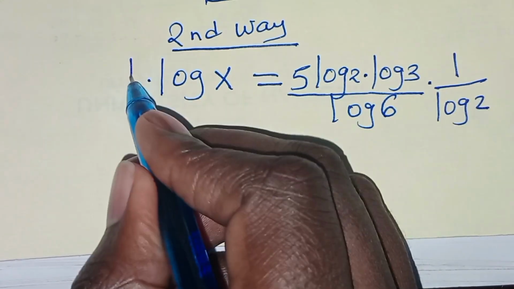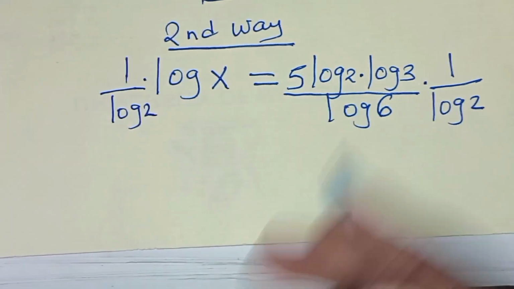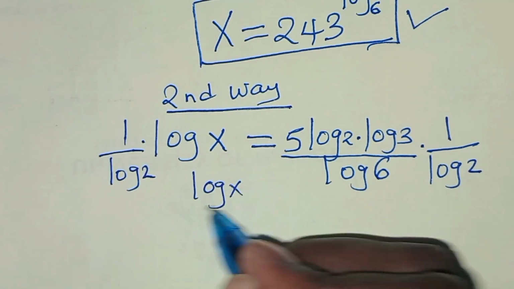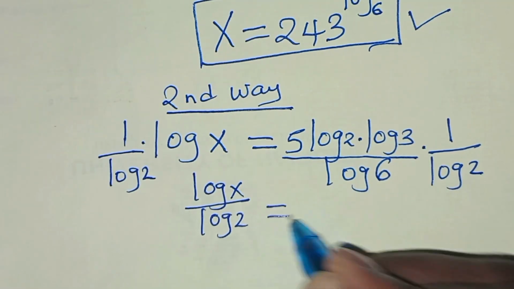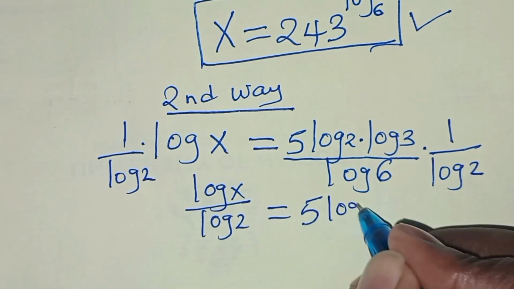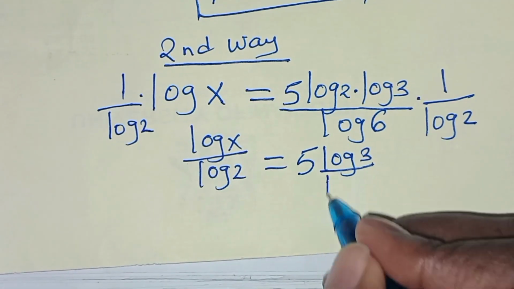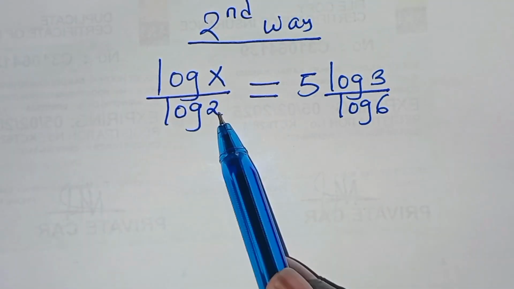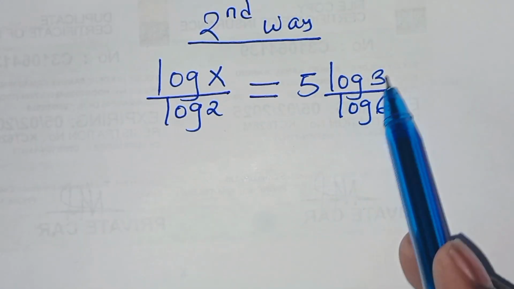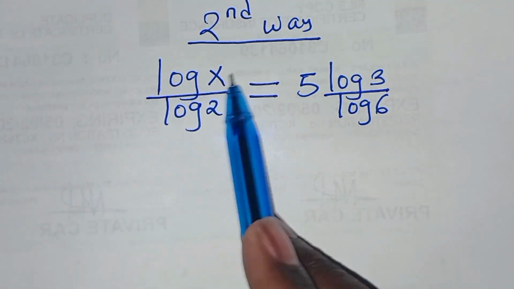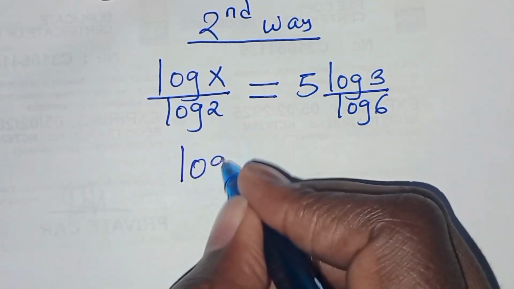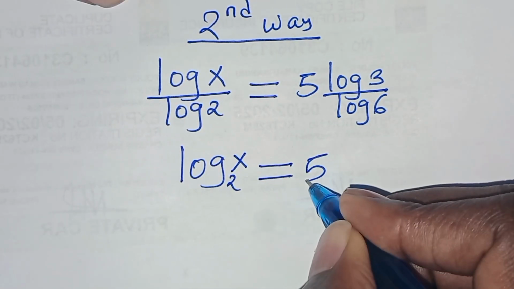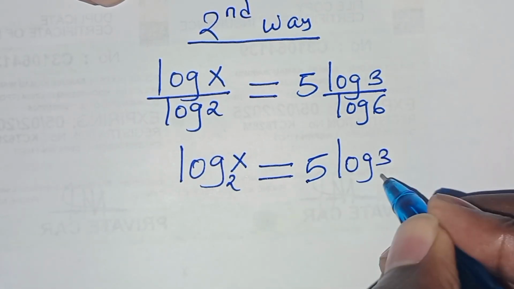Essentially, we have log x over log 2 equal to 5 log 3 divided by log 6. So log x over log 2 is the same thing as log x to base 2, which is equal to 5 log 3 to base 6.